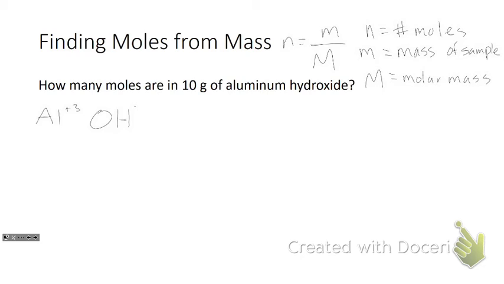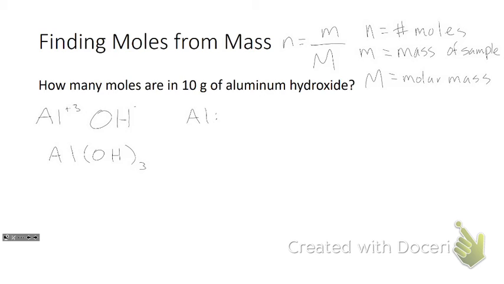It's an ionic, yeah, it's also a base, right? Because we have that hydroxide there. Okay? But yeah, so in this case, we're going to need 3 of those. So that's going to look like Al(OH)3. Okay, so finding the molar mass of that.